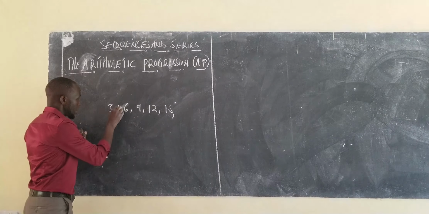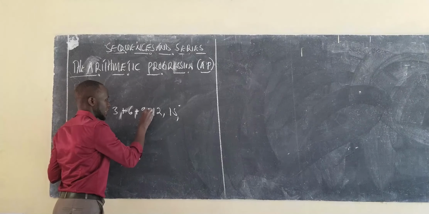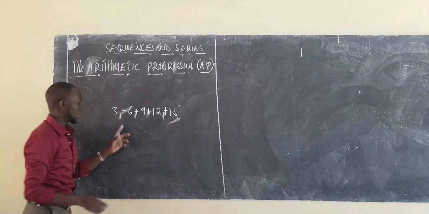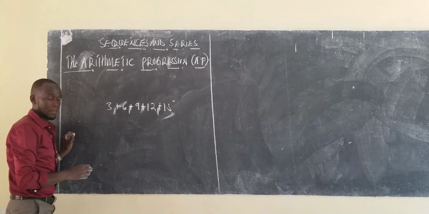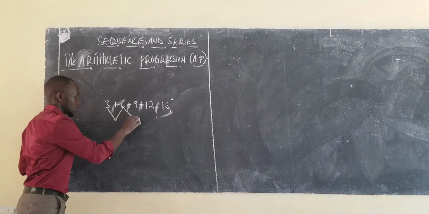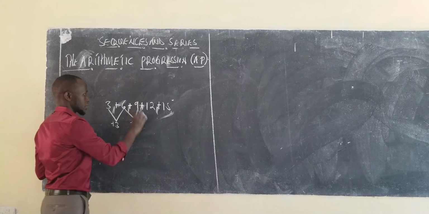But if somebody goes on putting an addition sign here, this one has now become a series. What makes it arithmetic? Because it has a common difference, which is 3.